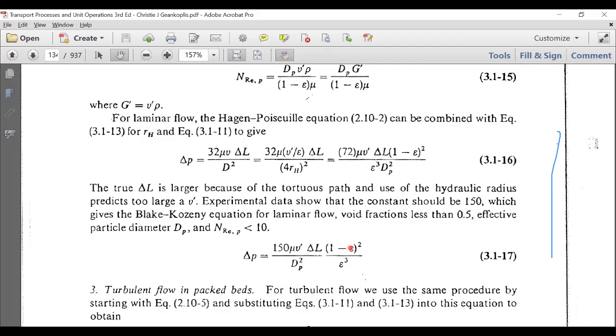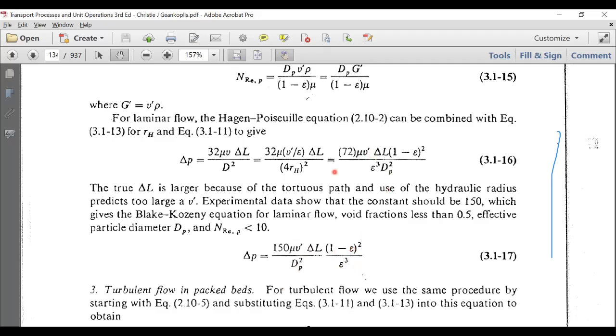So the void fraction is less than 0.5, the flow is laminar, and NRe in packed bed is less than 10. This equation is valid if we have an NRe in packed bed less than 10, or in laminar flow, and the void fraction is less than 0.5.